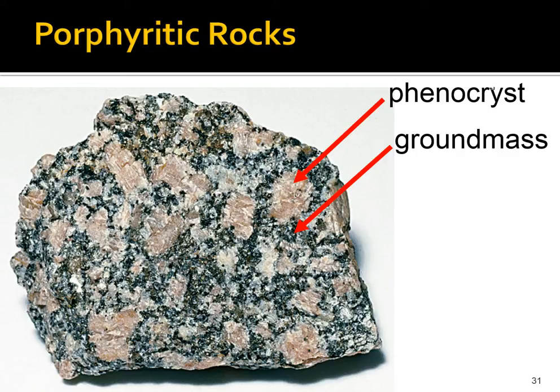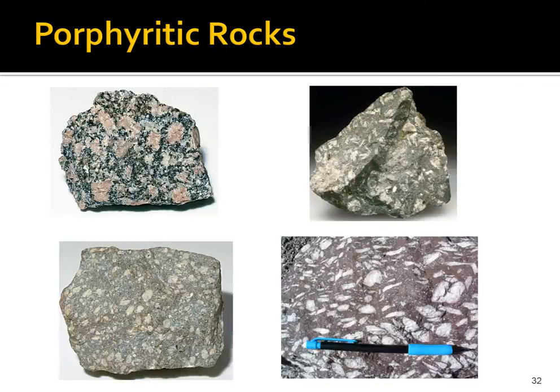The rock first cools slowly deep underground, and then that magma is uplifted close to the surface and it cools a lot quicker. In this case, this is a granite porphyry because the minerals in there are all fairly large. And here's some other examples. Most of the rest of these are going to be andesite porphyry, so these are intermediate in composition because you've got that kind of nice medium color.